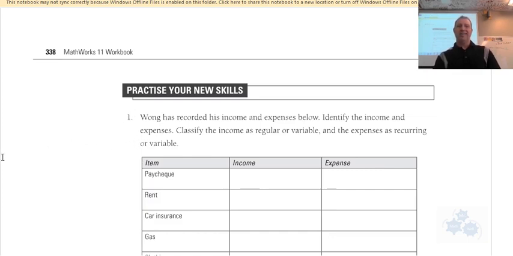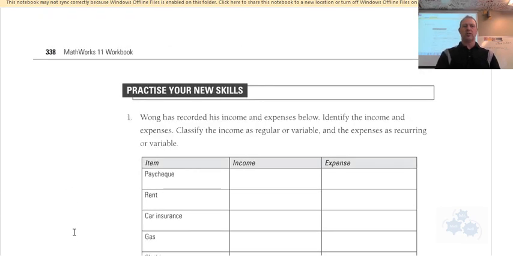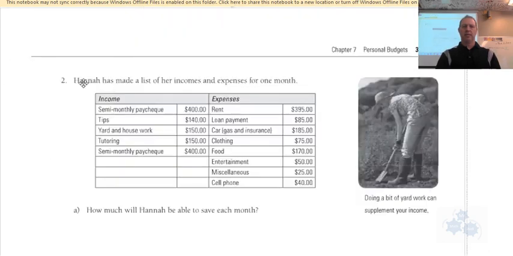Tomorrow we are starting 7.2. All of this from this chapter is going to be due towards the end of the week here, probably Thursday or so, so that we can have our exam or our little evaluation by the end of the week. Okay? So practice your new skills starting 338. There's number 1.